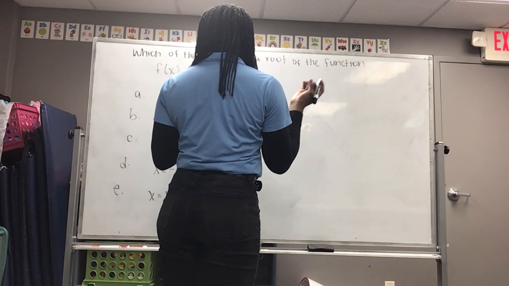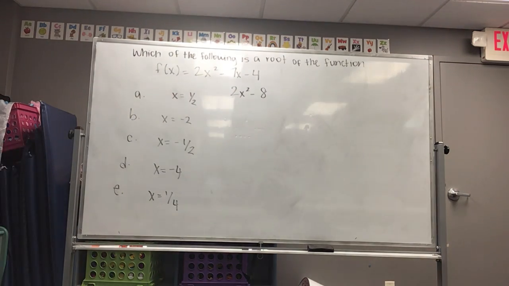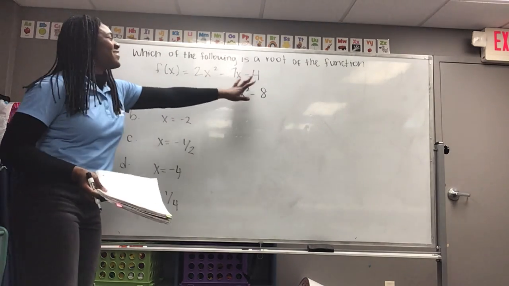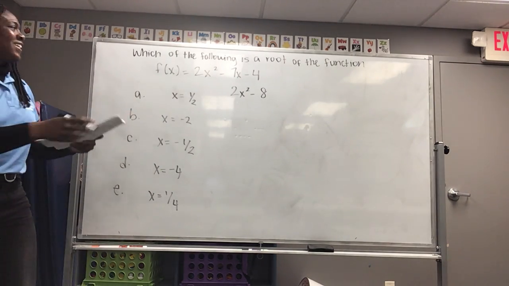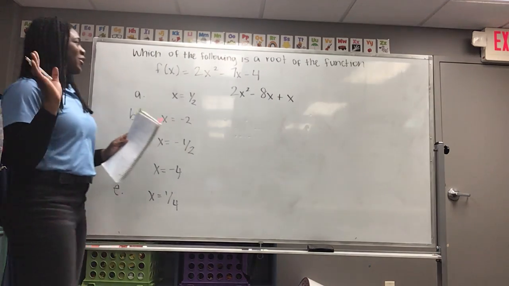Okay, yeah, 2 times -4, so -8 and 1. So -8x plus x.